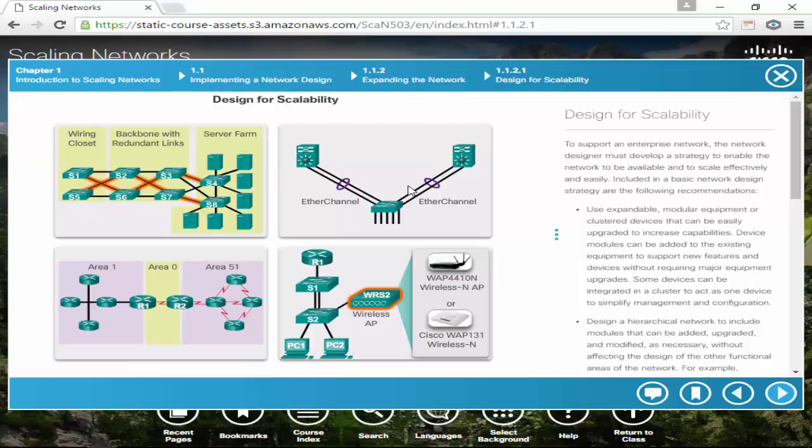And then we have over here EtherChannel. EtherChannel is going to be very cool. It is a redundancy technology that also allows us to bundle. I believe you guys haven't gone over spanning tree yet, but we will study it in the next chapter.